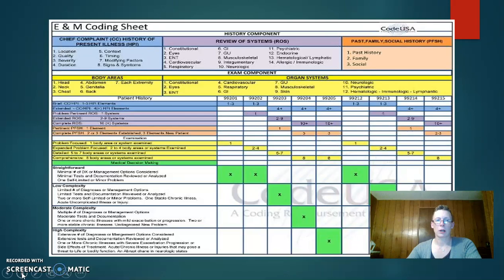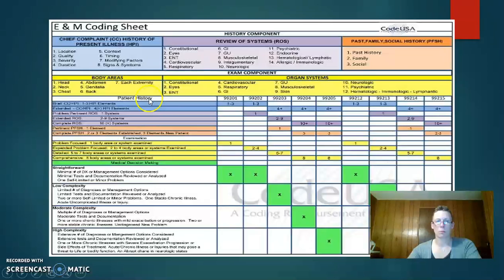Acute or chronic illnesses or injuries posing threat to life or function. Heart attack, pulmonary embolism, or respiratory distress. And also abrupt neurologic status change, could be a TIA, seizure, weakness, or sensory loss. Typically about an hour is spent face-to-face with patient and or family.